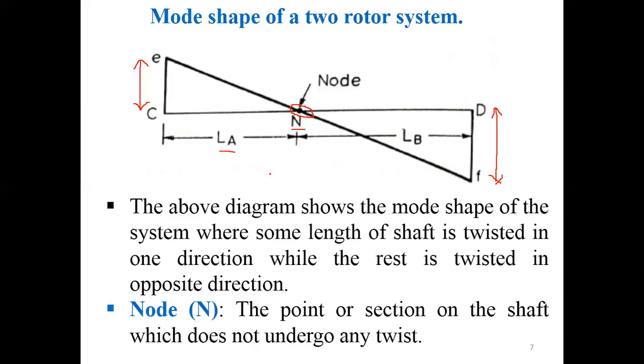Now, we will look into the whole idea about this mode shape diagram. What information can we extract from a mode shape diagram if we know the details of a two-rotor system?